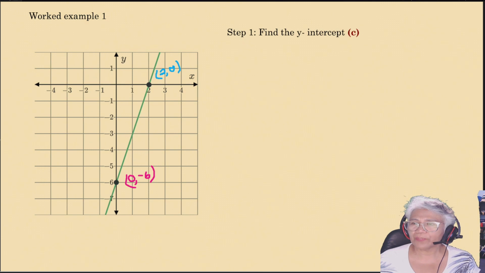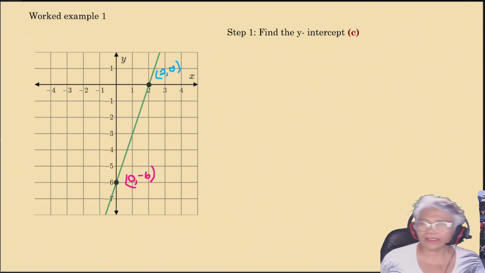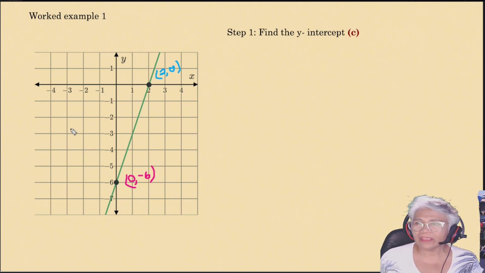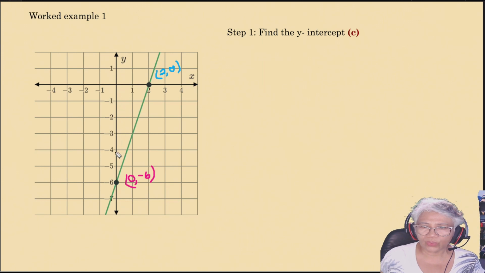So step number 1, find the y-intercept, which is c. As we defined earlier, the y-intercept is that point through which the line crosses the y. This is your y-axis, and this line crosses y through this point, which is 0, negative 6.